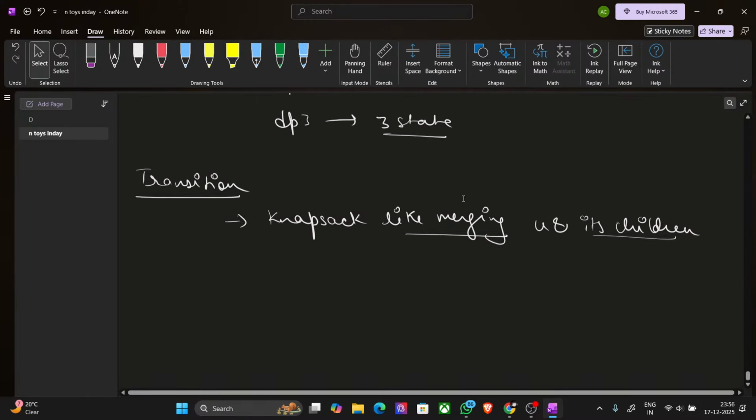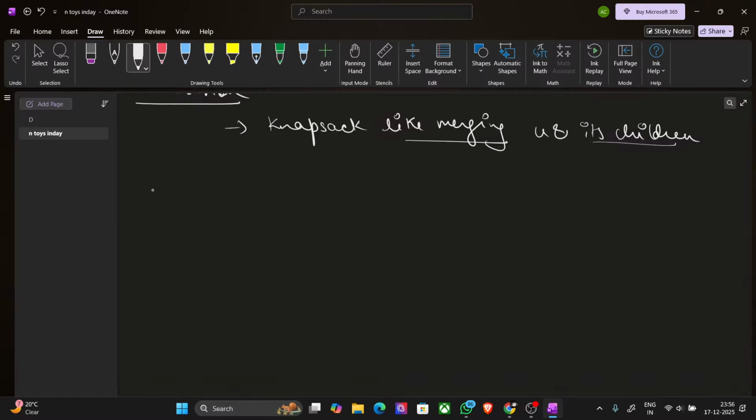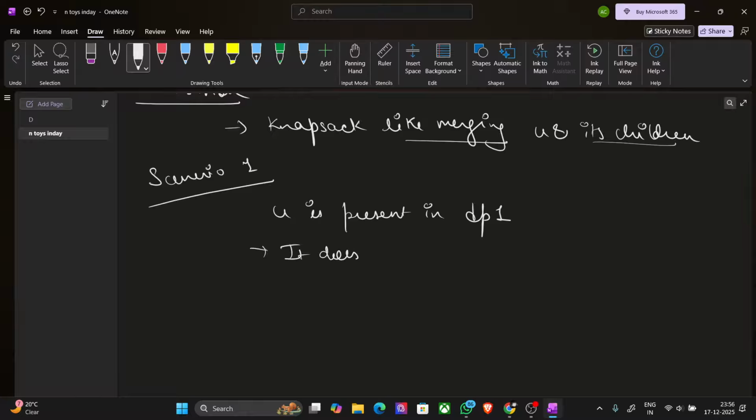So now let's take scenario 1. U is present in the first DP, which is DP1. It doesn't matter if the child is present or not.